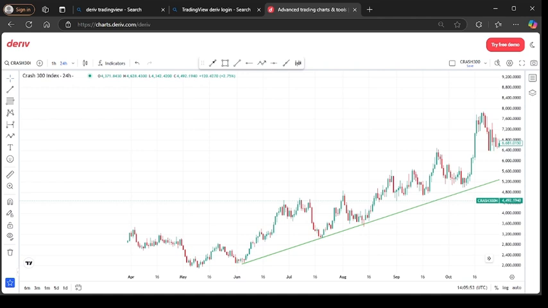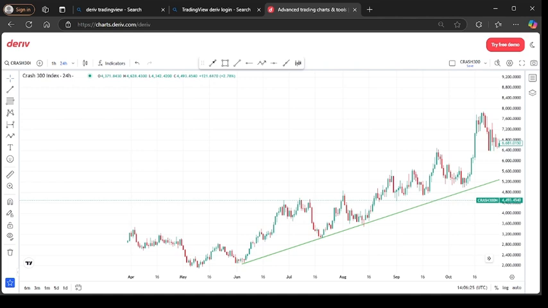Point number two, like I have said, we need to look for possible reversal candlestick patterns close to the trend line. Make sure that there are reversal candlesticks close to your trend line before you confirm that price is going to move in the opposite direction. We also need to look at the breakout candle.